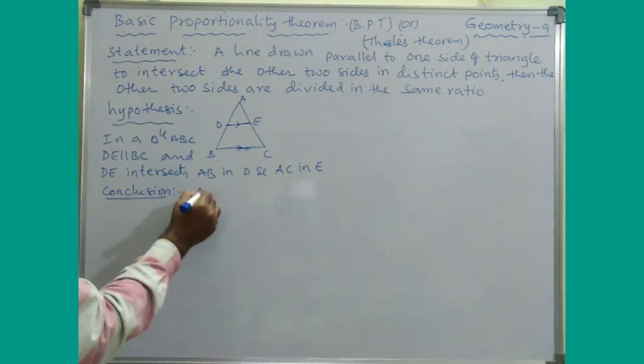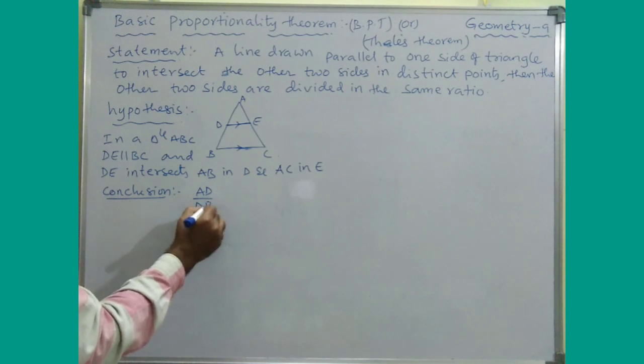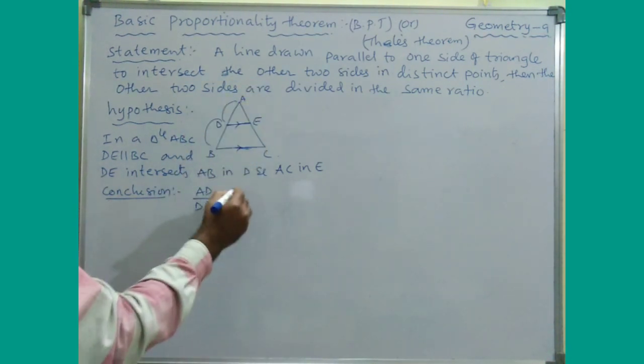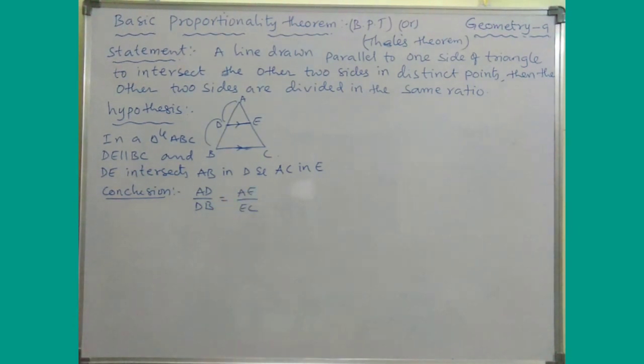That is, conclusion is AD by DB equals AE by EC.